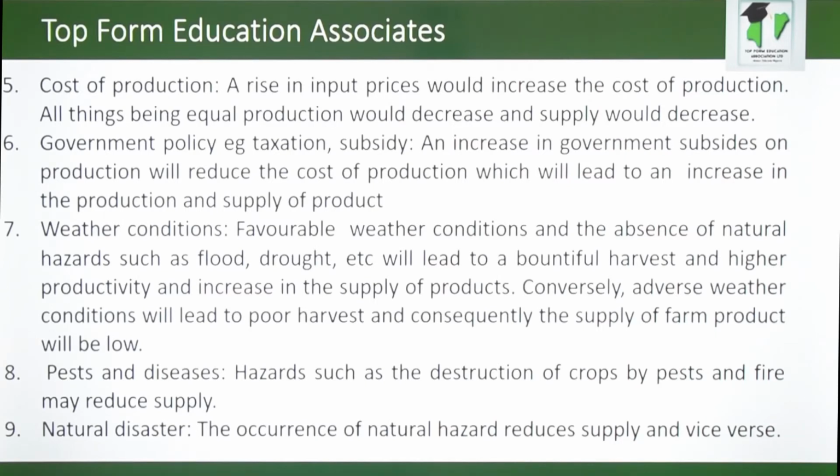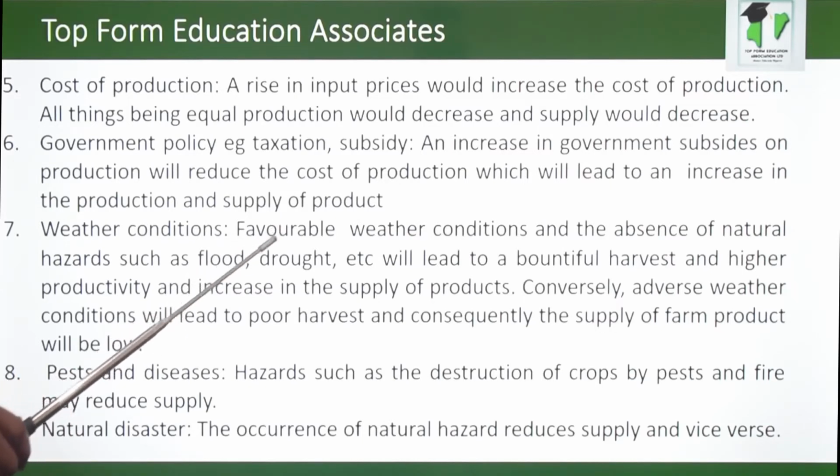Weather conditions also affect supply. Favorable weather conditions and the absence of natural disasters or hazards, such as flood and drought, will lead to a bountiful harvest, higher productivity and an increase in supply of products. So once there's favorable weather condition, there'll be a bountiful harvest.